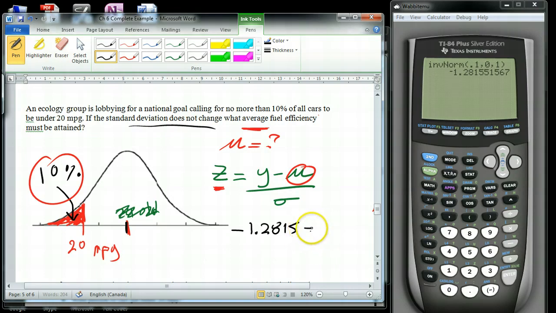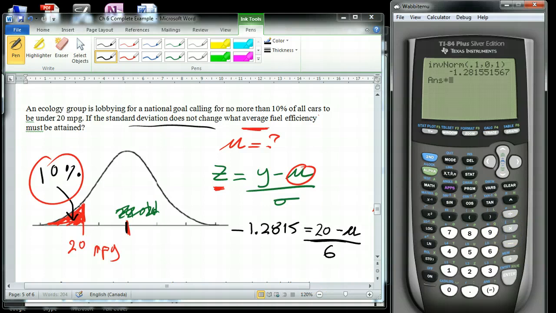Equals, and 20 is our y value minus mu, over 6. So take that answer, multiply it by 6, subtract 20, multiply by -1.